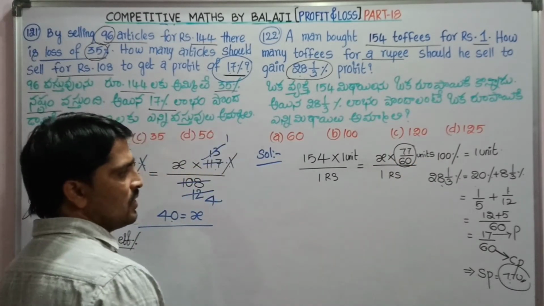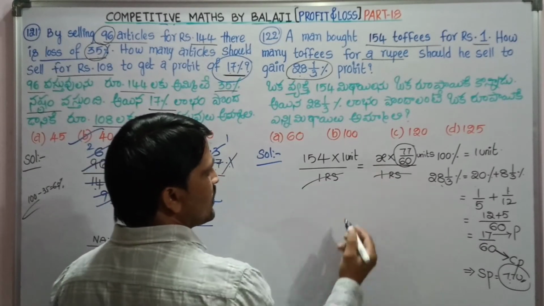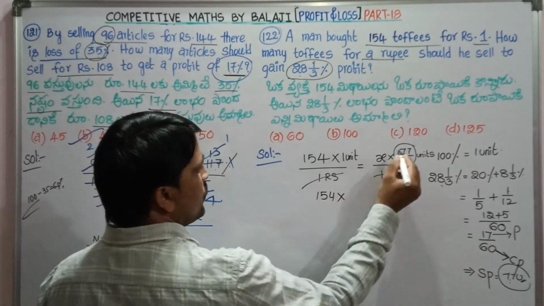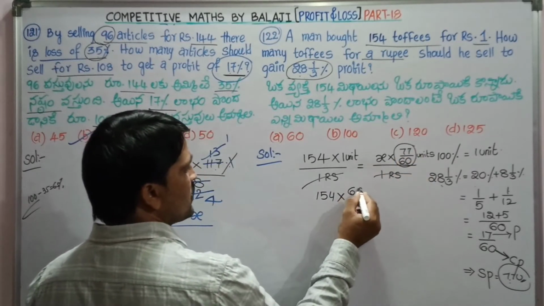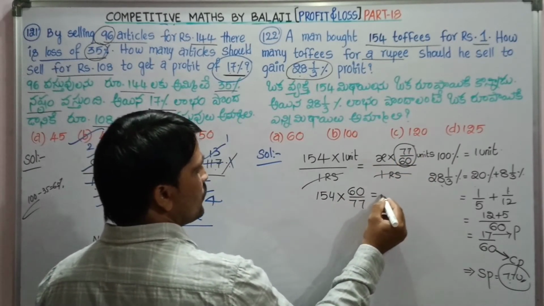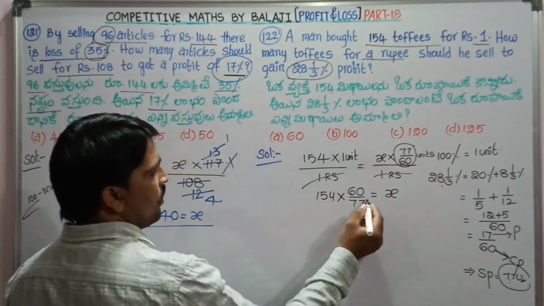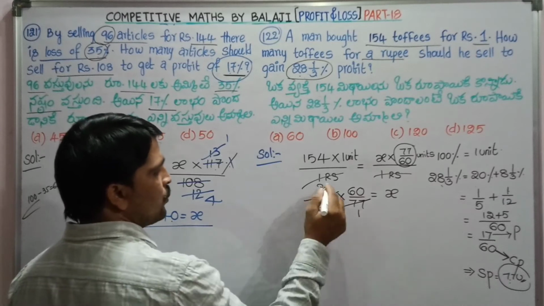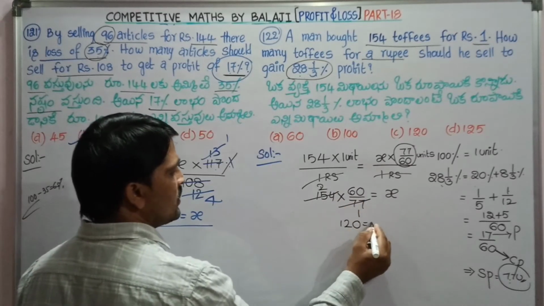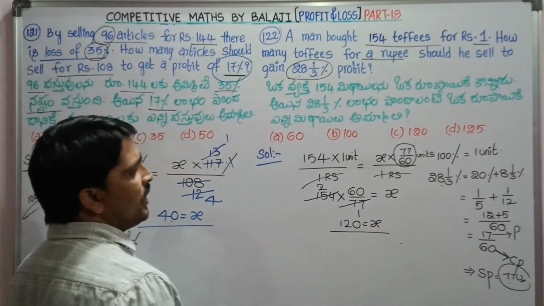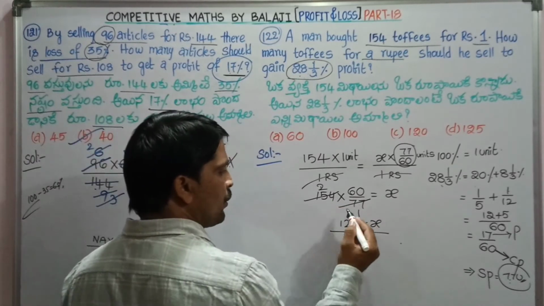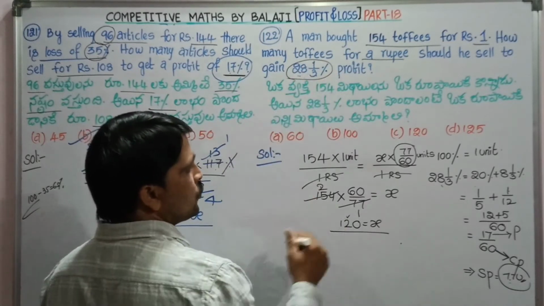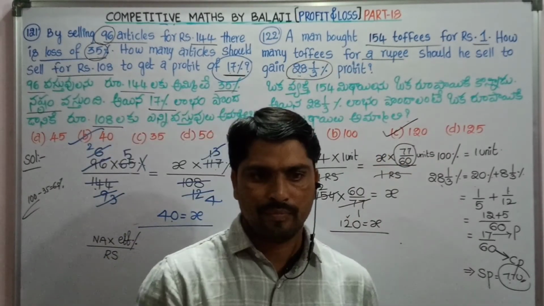That is the effective percentage here. 1 gets cancelled, and 154 into 77 by 60 becomes 60 by 77, which is equal to X. 77 ones are 77, 77 twos are 154. Twice the 60 is 120. That is, X equals 120. He must sell 120 toffees for 1 rupee to get 28 whole 1/3% profit. So the answer is C.